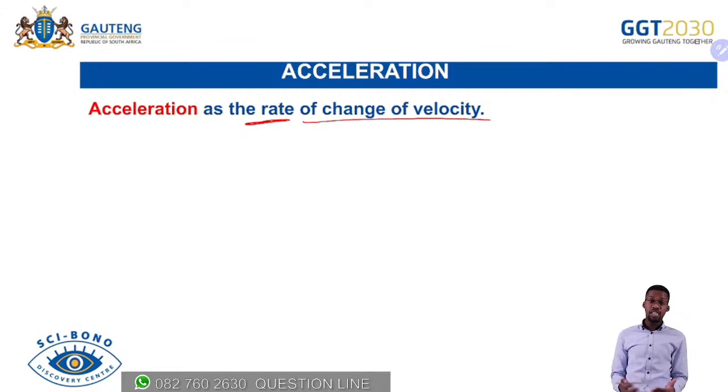From this definition itself, you can express it mathematically. When we talk about rate, we are talking about time. So we define acceleration as the rate, meaning per time, divided by time: change in velocity divided by time.